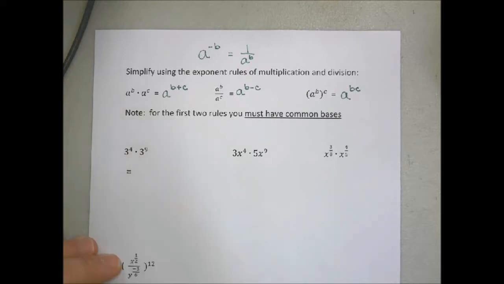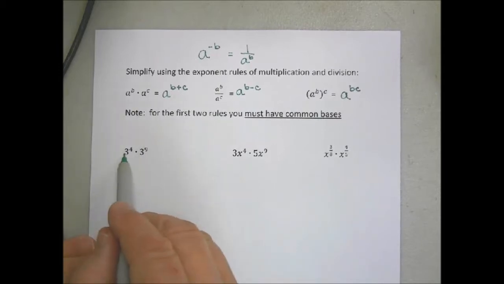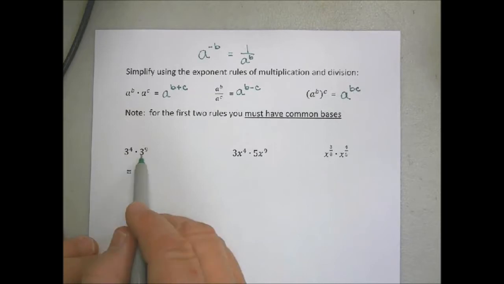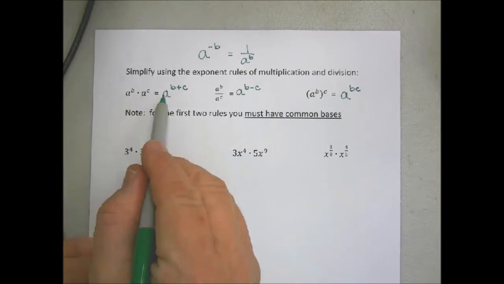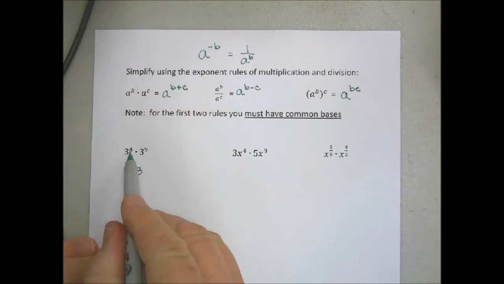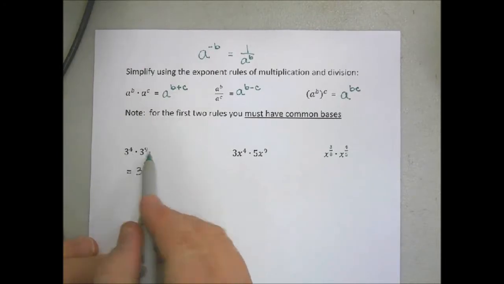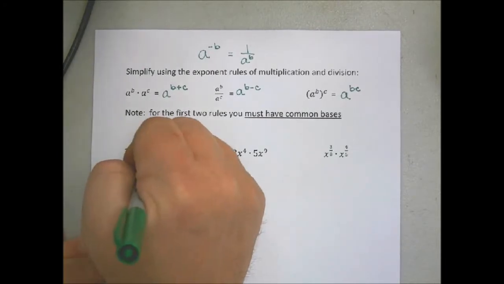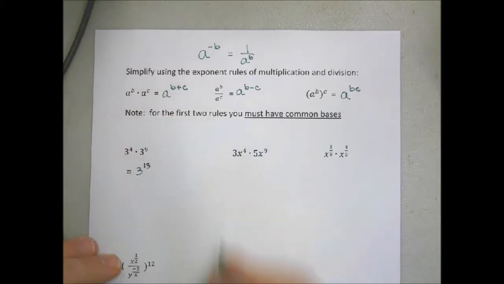So you would think the base should be 9, but it's not. The rule is when you multiply two terms that have the same base, you keep the base. So in this case, it's 3, and you add the exponents. So 4 plus 9 would be 13.